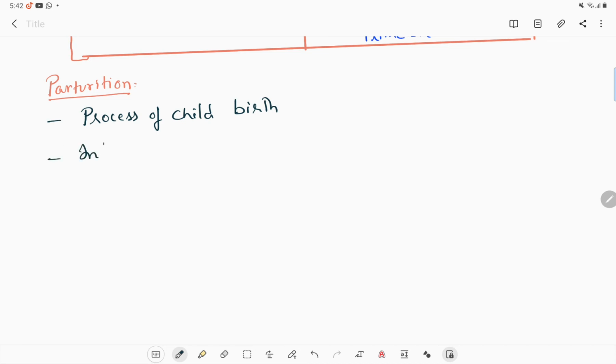Parturition is induced by a complex neuroendocrine mechanism.